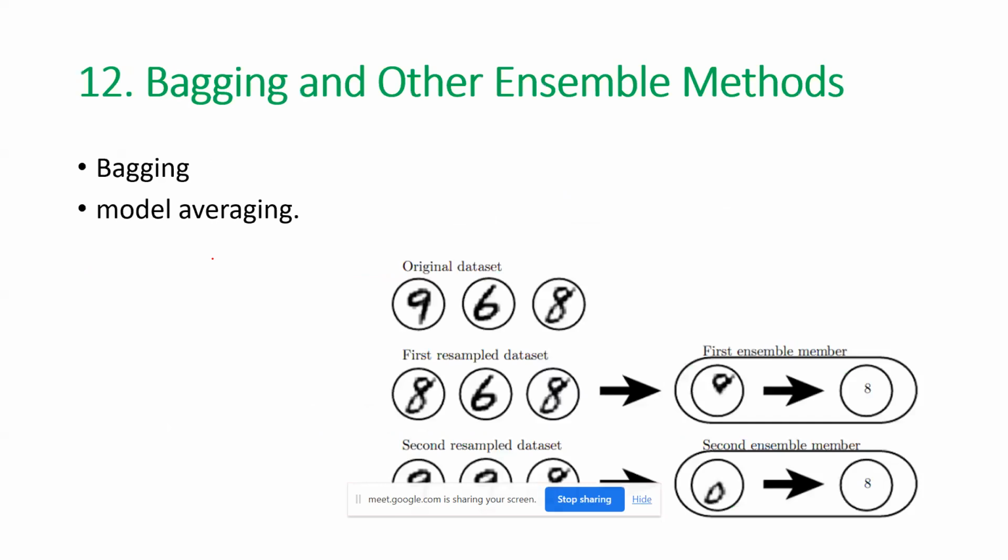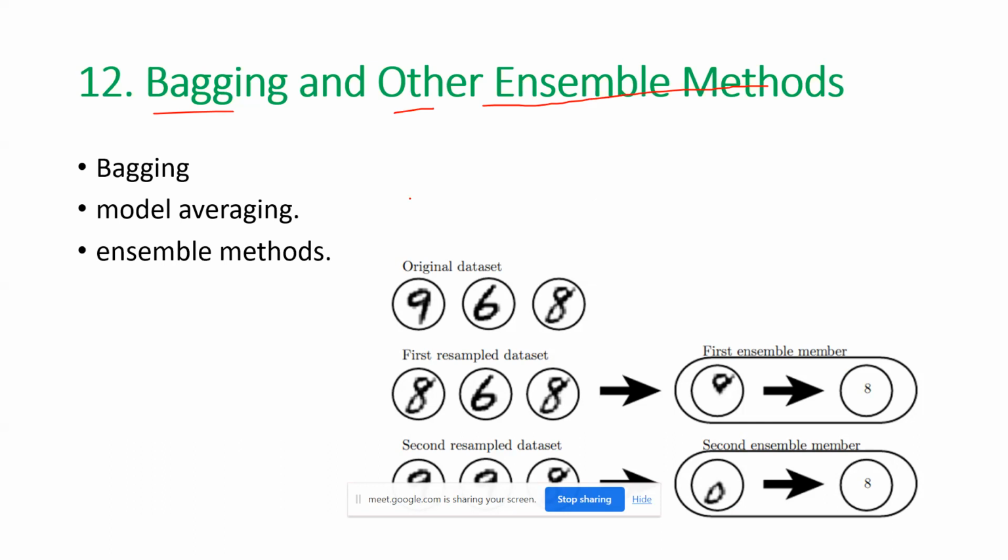Yeah, this is a bagging technique. So already we discussed bagging technique in the last class. So other ensemble methods also we are using. So what is the other ensemble method? It is nothing but a boosting method.